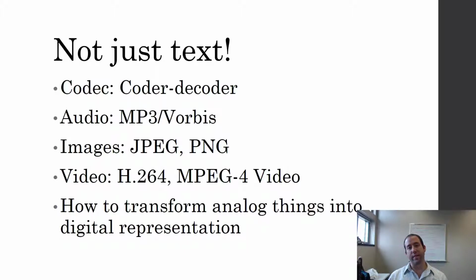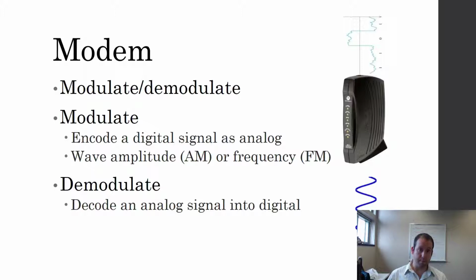H.264 has a video specification. And these are different methods for encoding, translating real-world things into ones and zeros on a computer. Decoding is just the process of translating it back from ones and zeros on a computer to the real-world things like an image or whatever that I want to see.